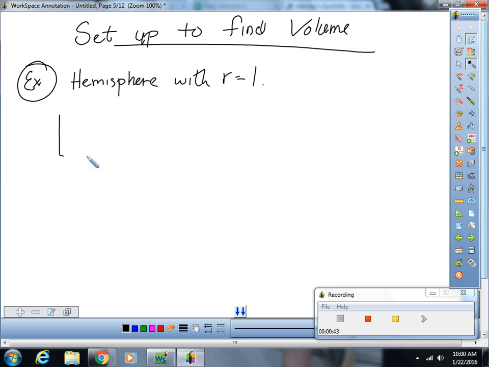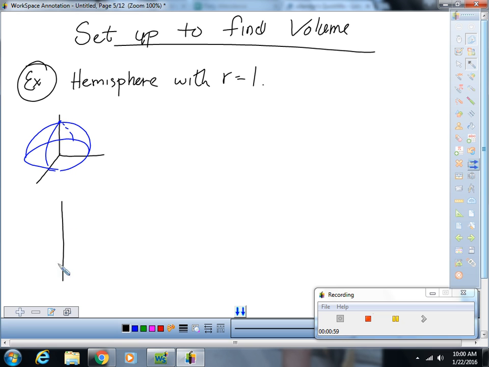So just like before, I draw two pictures. So here's the 3D version. Okay, that's what we're trying to find. And then you give yourself an aerial version.